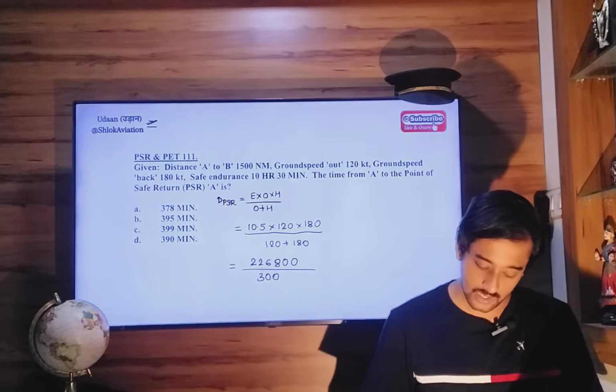114. What is the time to the point of safe endurance if TAS is 300, endurance 7 hours, wind on the outbound leg is 65 knots headwind? So point A, point B, this is your point of no return. Here is your aircraft.